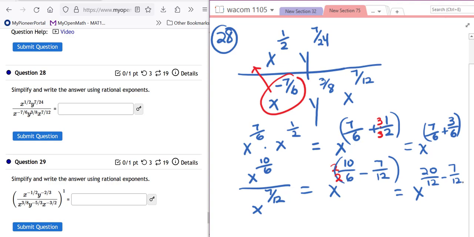And that gives us x to the 13/12. That just took care of the x's. Okay. And that is on the numerator. All right, so then you have to do the y's.